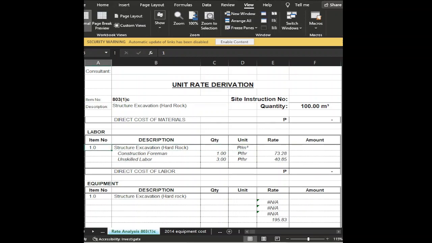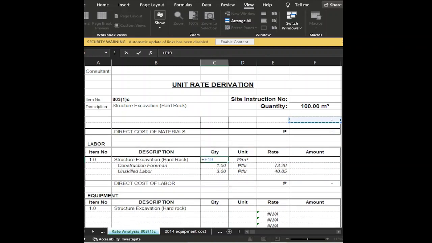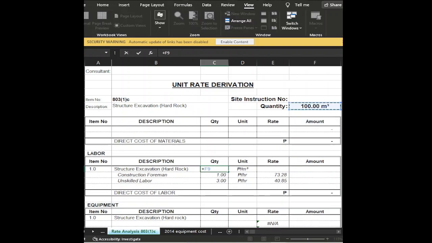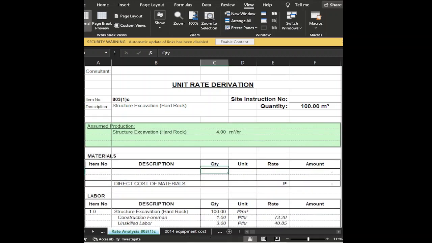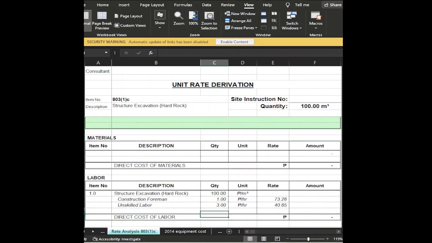This is the unit here for our structure excavation for hard rock. Our quantity, we'll just take from this one, link only, guys. This is our labor for the structure excavation at the production of 4 cubic meters per hour.